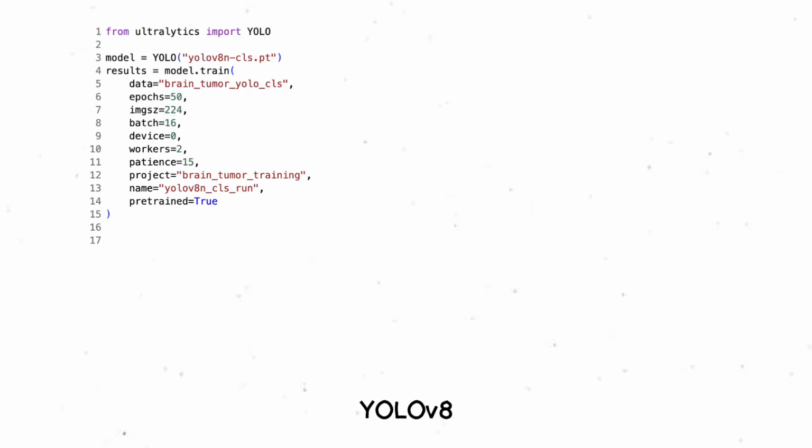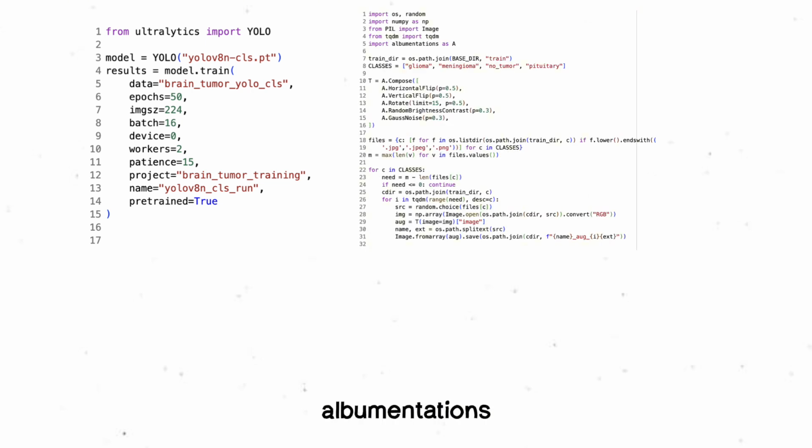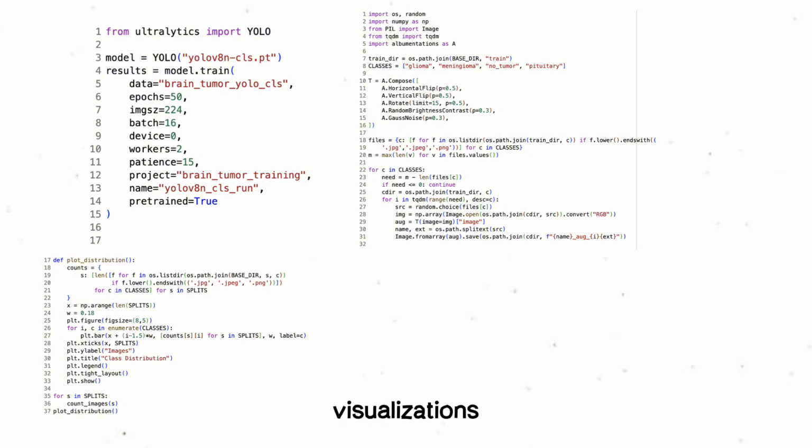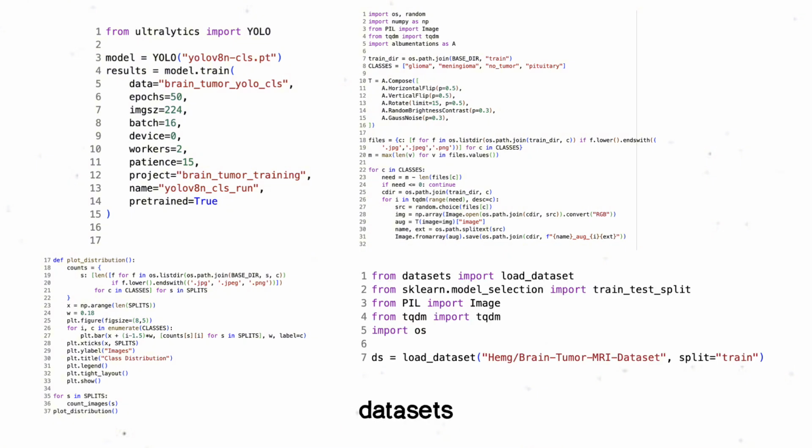For the libraries used, we use several advanced Python libraries beyond what was covered in class, including YOLO V8 for deep learning classification, augmentations for augmentation, matplotlib for visualizations, and Hugging Face datasets for loading high-quality image datasets.